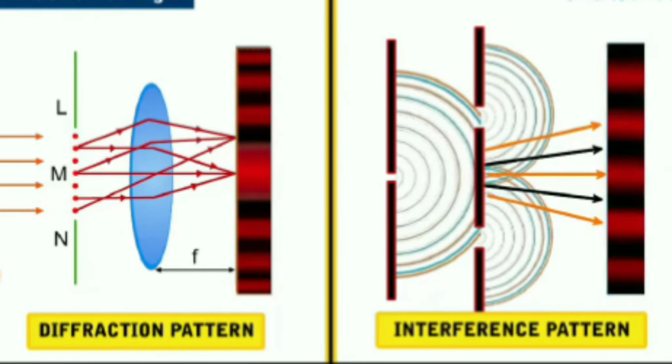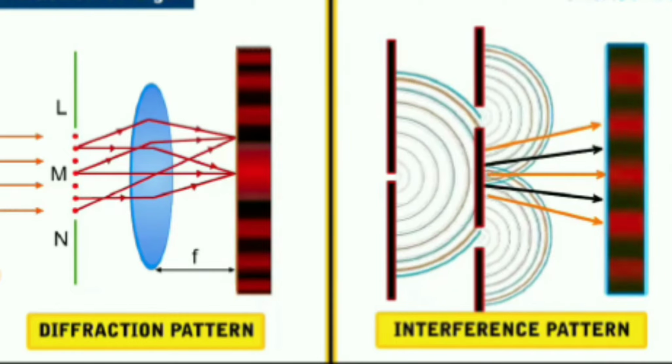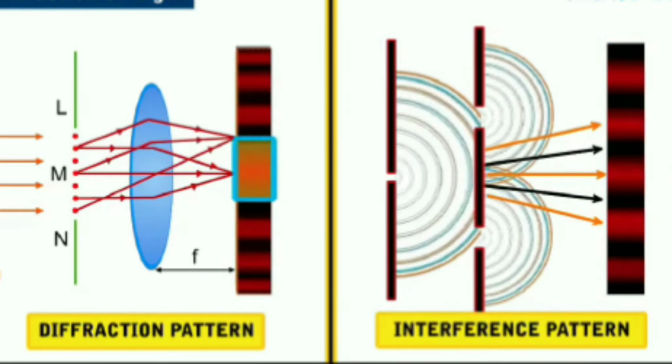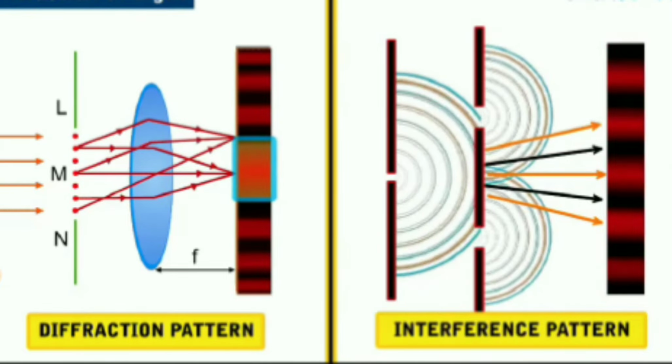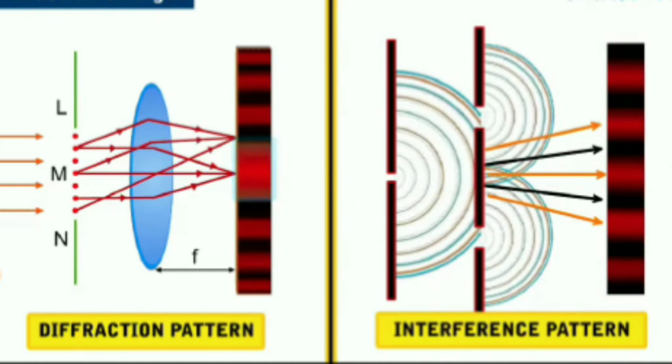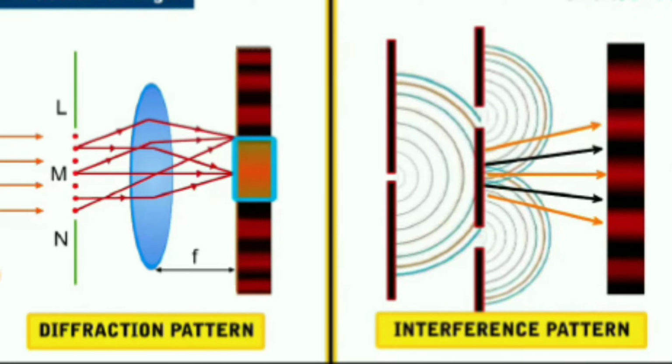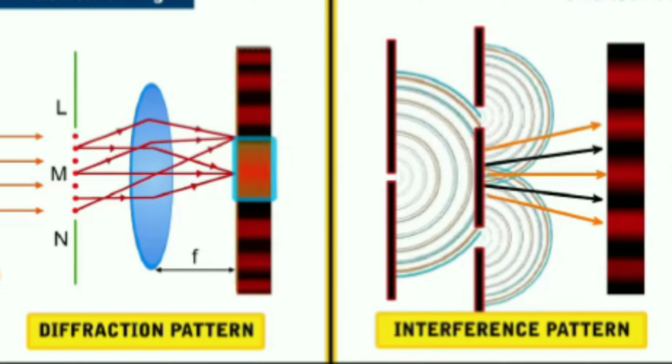The interference pattern has a number of equally spaced bright and dark bands, but the diffraction pattern has a wider central bright maximum.